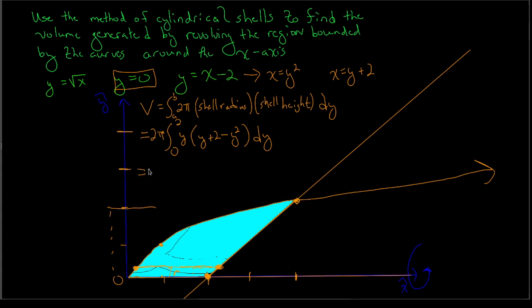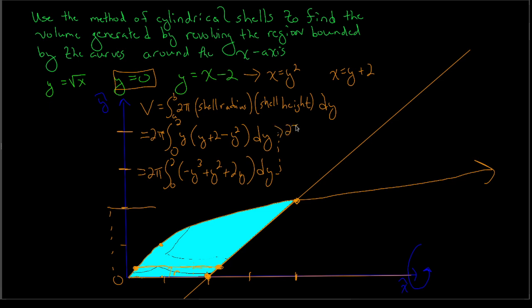So leaving the 2 pi out here, I'm going to move the y through this polynomial, but I'm going to do it in polynomial order. So it's going to be minus y cubed plus y squared plus 2y dy. This isn't bad to integrate. I'll move up to here.